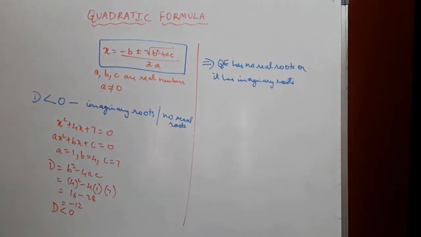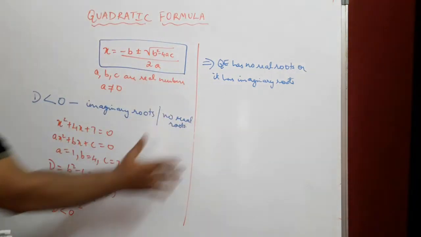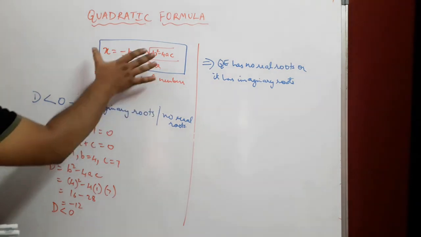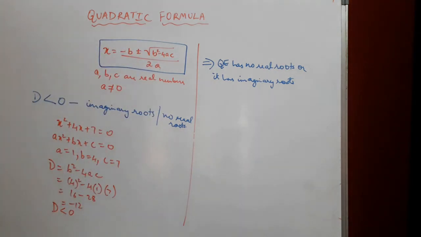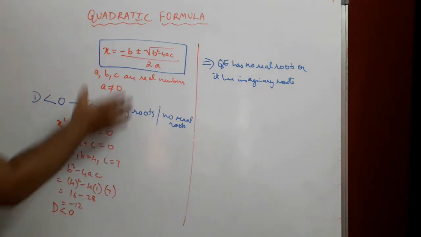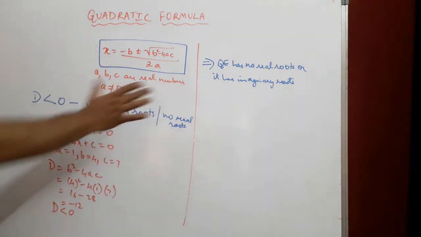But when it says it has got no real roots, we do not go and use this formula, because this formula is only to find roots where they are real numbers, not imaginary numbers. Fine. So when d is less than 0, we stop here and we do not use this formula.